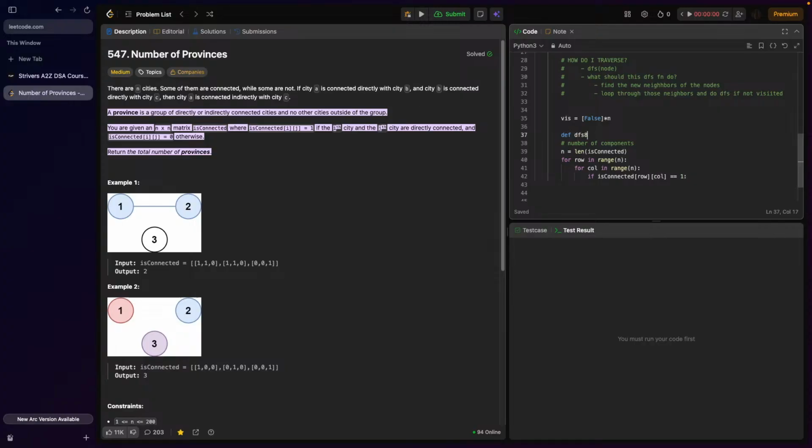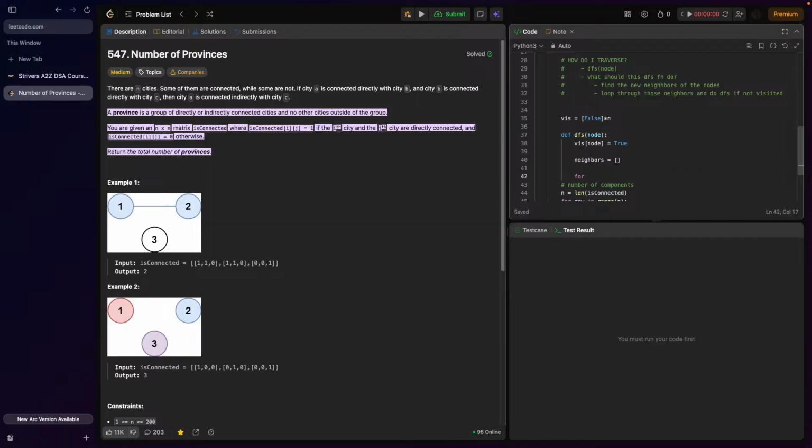I already know what to do. Definition of DFS, put up a node here. You can put visited of node is equal to true, and I have to extract the neighbors. Neighbors are a list, of course.